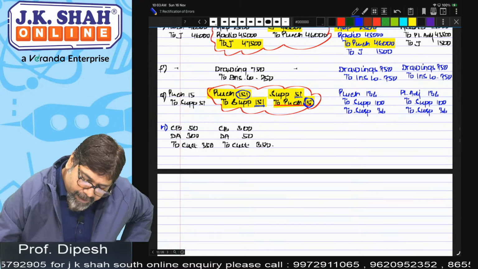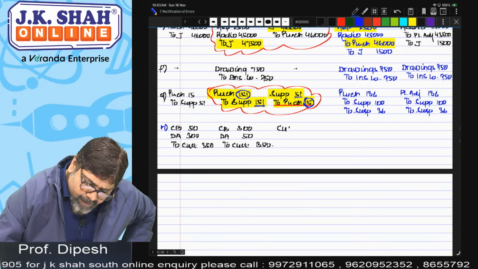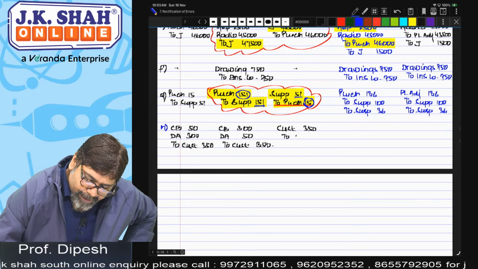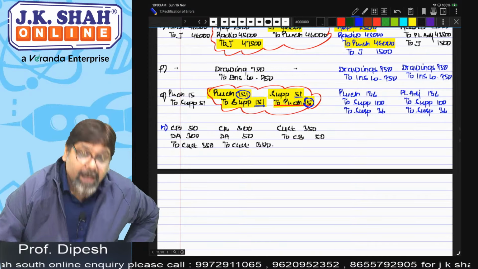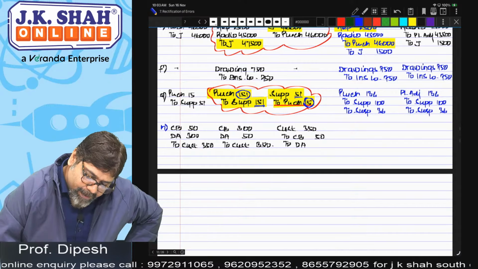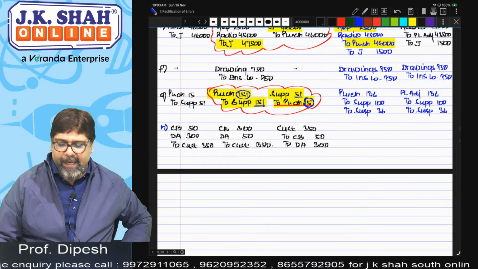Now, reverse of the wrong entry: customer 350 to cash bank, 50 to discount allowed, 300.